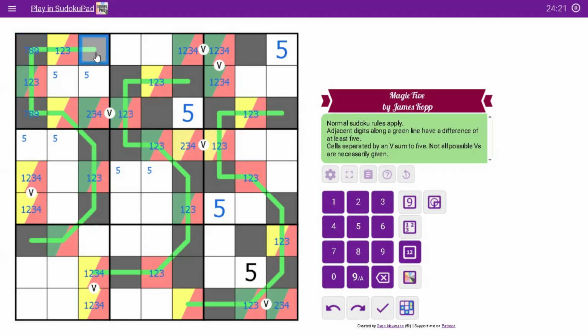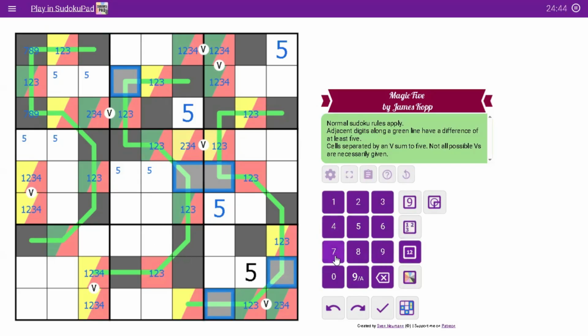That could be a 6. Doesn't have to be. This can't be a 6. That can't be a 6. That can't be a 6. This can't be a 6. That can't be a 6.